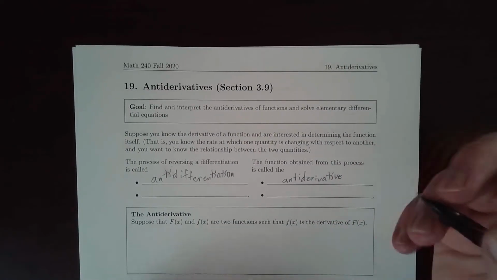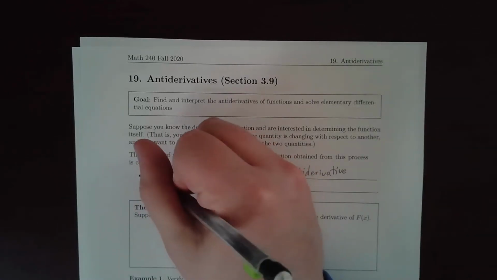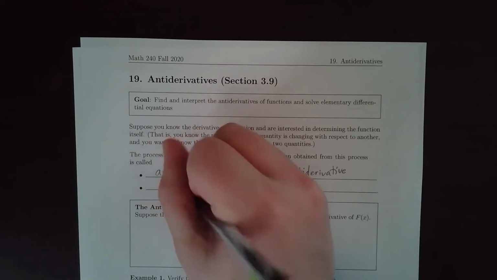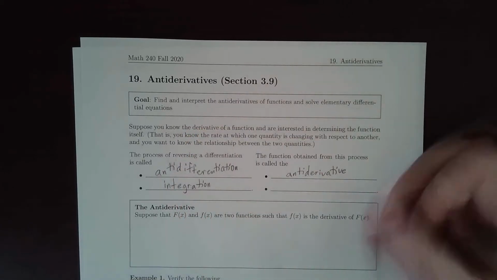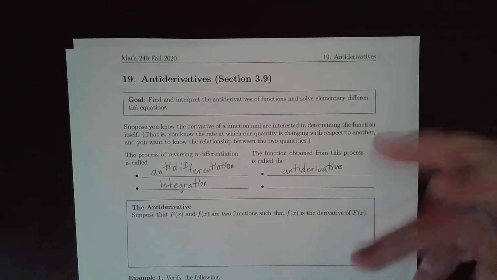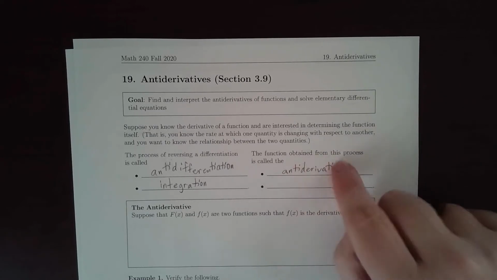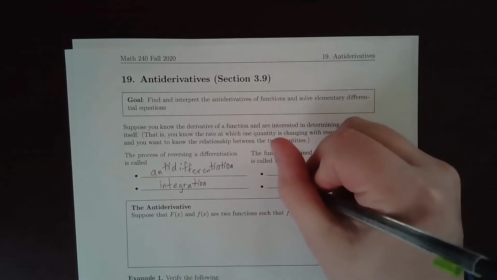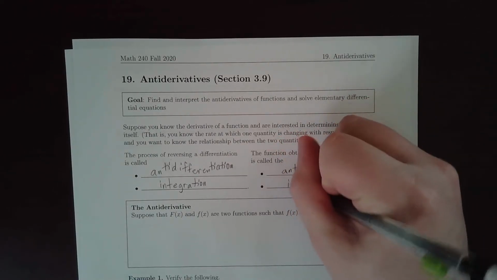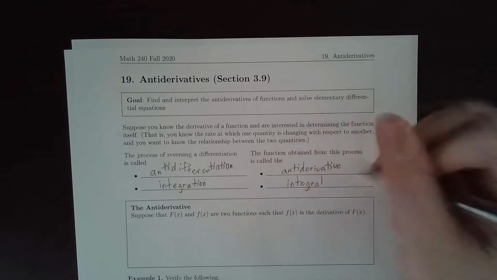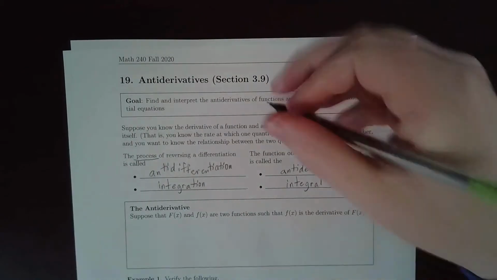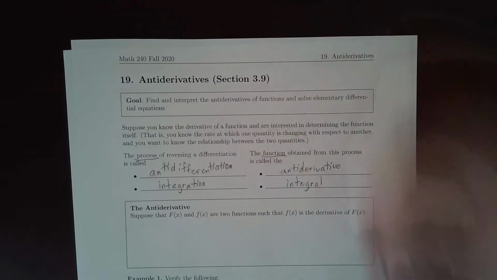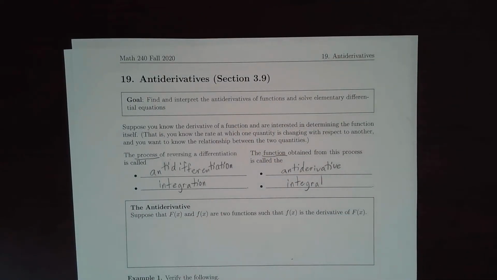We also can say that the process of reversing a differentiation is called integration, and the function that we get from that process is called an integral. So these things are the processes themselves, and these other things are what we're calling the function we get from doing those things.